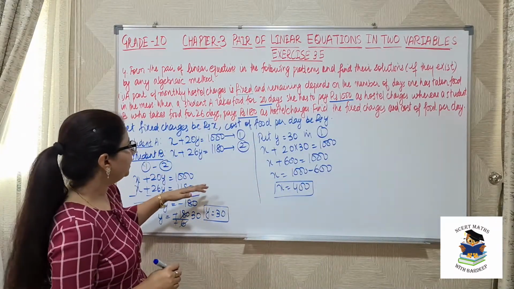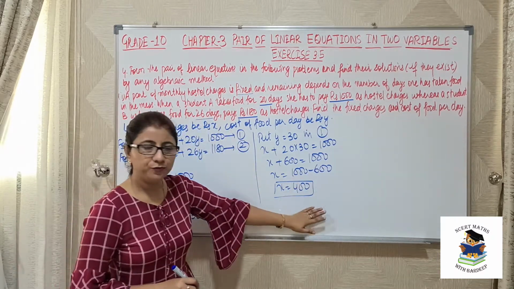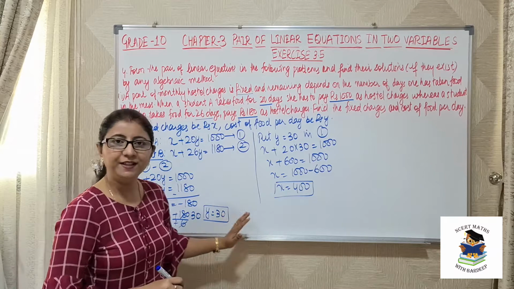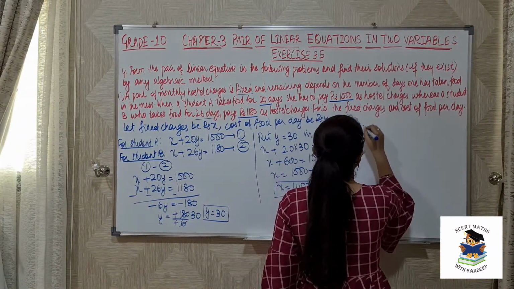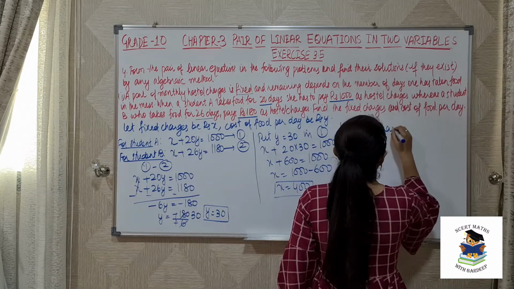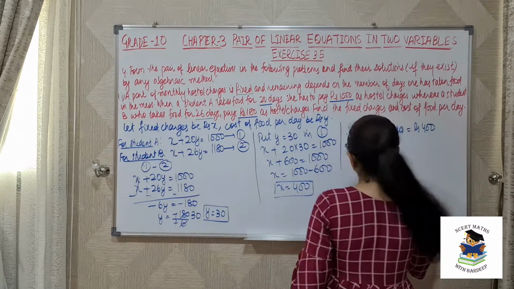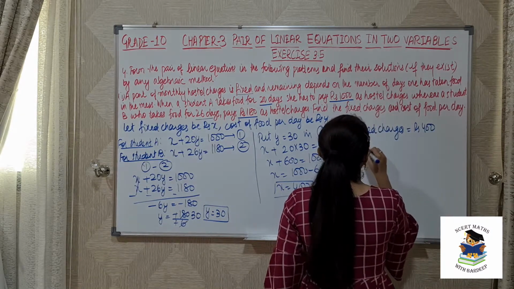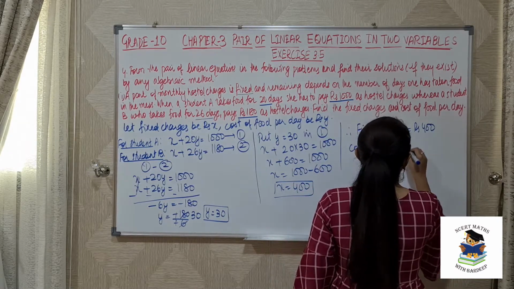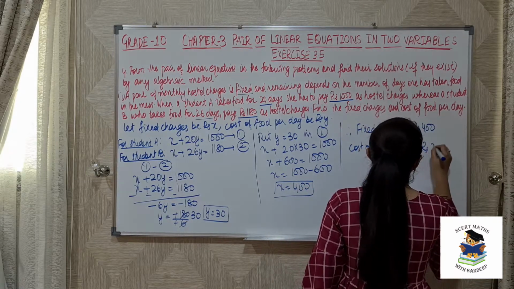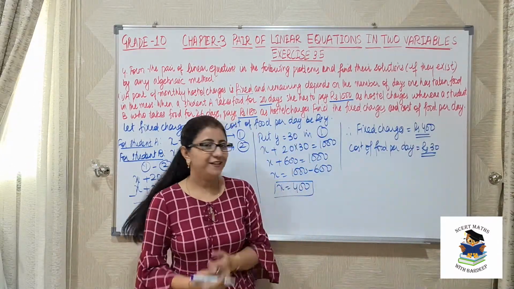So now we can write in the last, what is X? This is fixed charges. So fixed charges are rupees 400 and cost of food per day is 30 rupees. So we will write therefore fixed charges is equal to rupees 400. Cost of food per day equals to rupees 30. So I hope first part is clear to you.